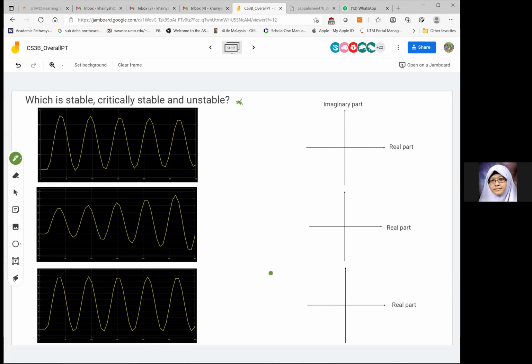Where do you think is the pole? Which one is unstable? Which one is stable? Yes, that is unstable. Is it? Others? All the others stable, or are they unstable?